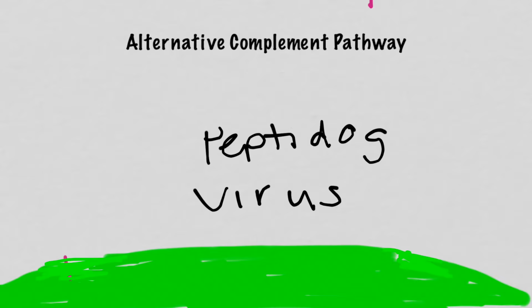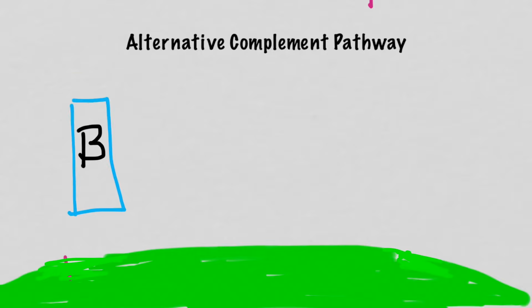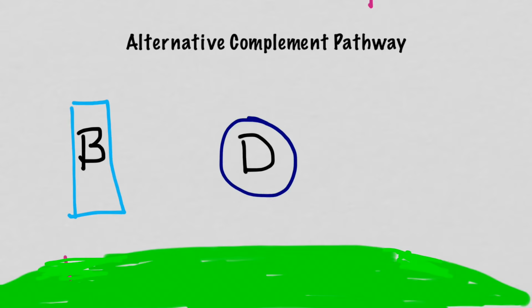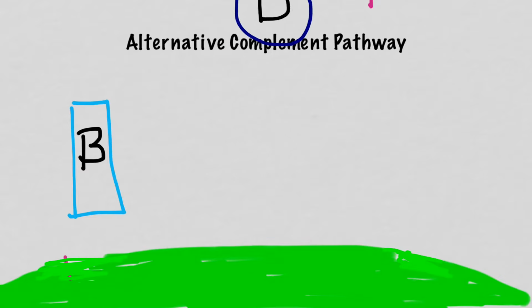So remember also that the alternative pathway has two extra factors that are unique to it, okay? And these are factor B and factor D, which we're going to see how they function. And note that they are not termed the same way other components of complement are termed that we've talked about in the other pathways. Okay, so how does this work?